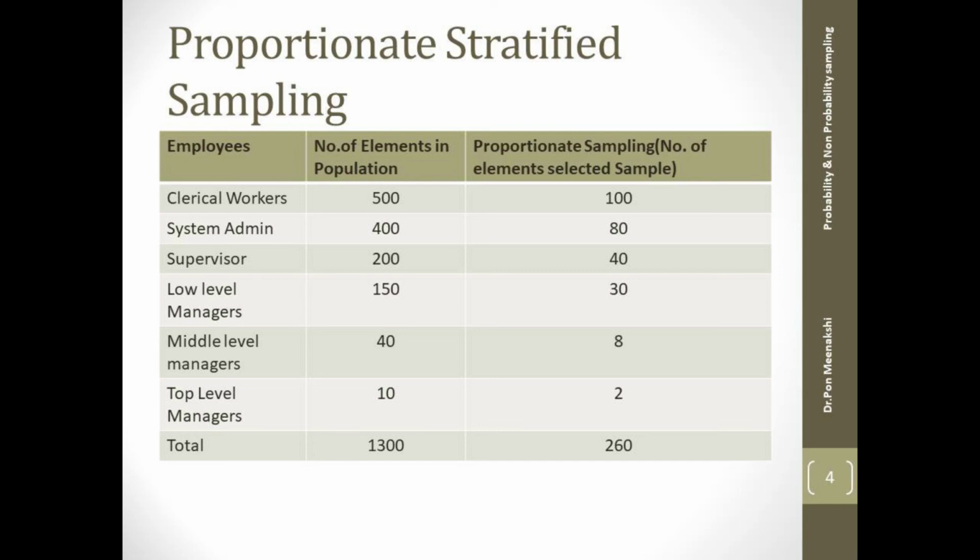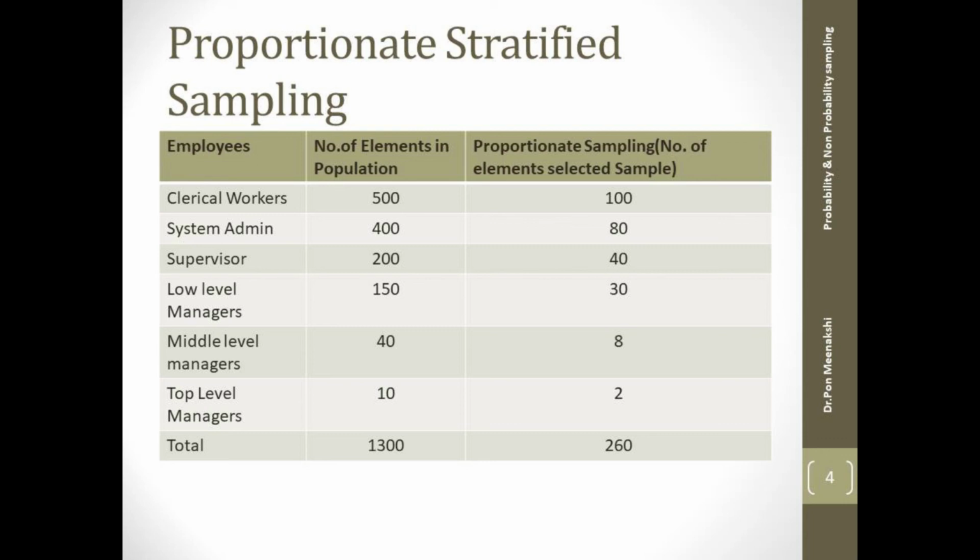The human resource manager wants to assess the need of training. So he has selected from 1300 employees. Out of that, 20% proportionately he has selected. However, the researcher might feel that only 2 members from top level management cannot reflect the view of all 10 top level managers, and only 8 members from middle level can't truly reflect the view of all 40 members.